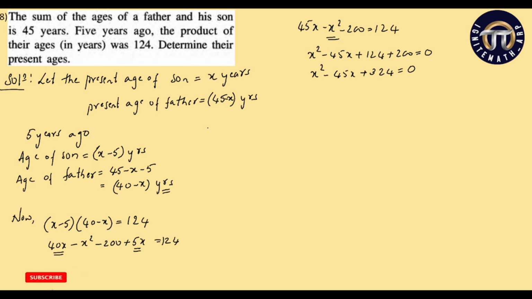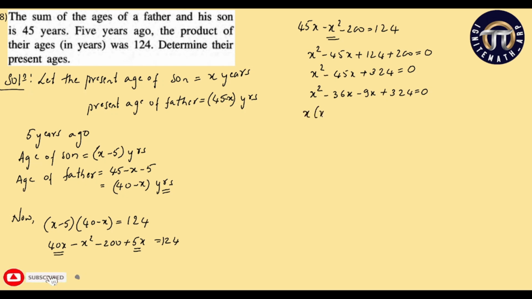This is going to be the quadratic equation. Clear, children? So now I need to split this by finding the factors. x square minus 36x minus 9x plus 324 is equal to 0.